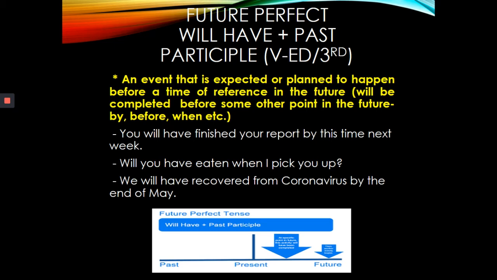That means that it will be completed before some point in the future. You have here a timeline, past, present and future. And here you see this bigger arrow. It's used for future perfect, and this smaller arrow is some other future action.